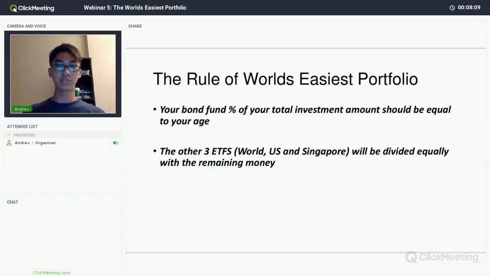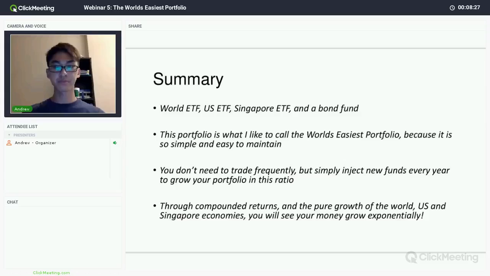So because of that, your bond percentage must go up as your age goes up, and your ETFs will decrease in proportion as you get older. So this is the rule of the world's easiest portfolio. Your bond fund percentage is equal to your age, and the other 3 ETFs, world, US, and Singapore, are divided equally with the remaining money.